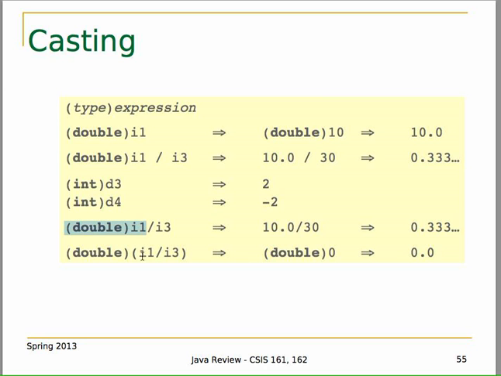However, if you put parentheses around this I1 divided by I3 as shown here, and these are both ints, assuming these are ints, you get a 10 divided by 30, which gives you 0, and then you convert the 0 to a double, which gives you 0.0. It's very different from 0.3. So you do want to be aware of that. The order in which you do things is pretty important.